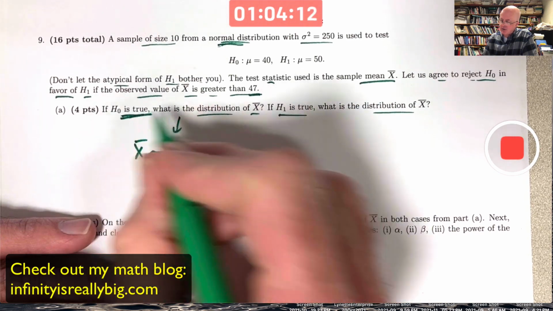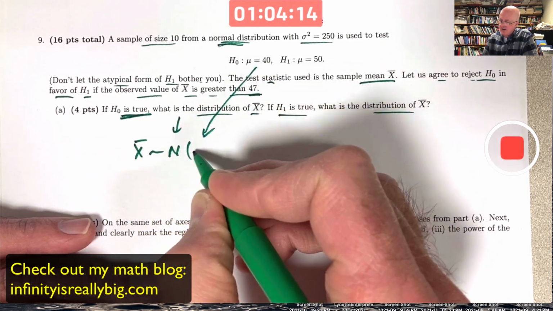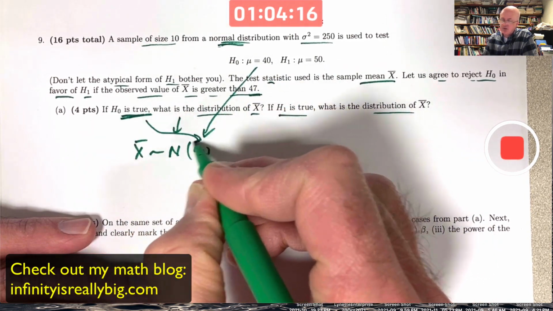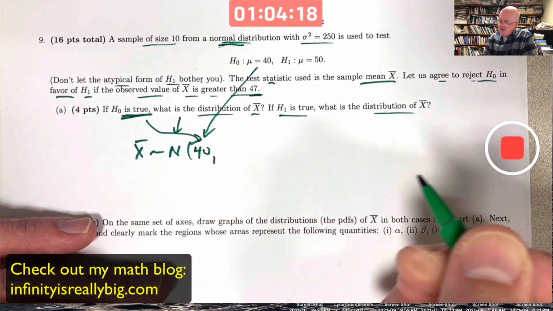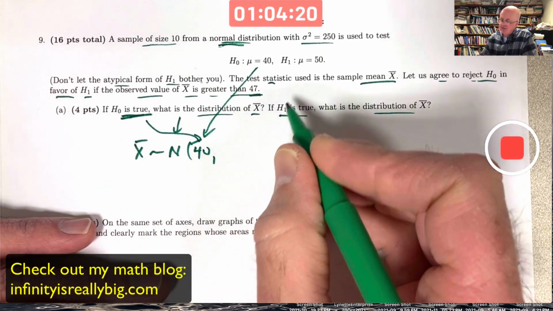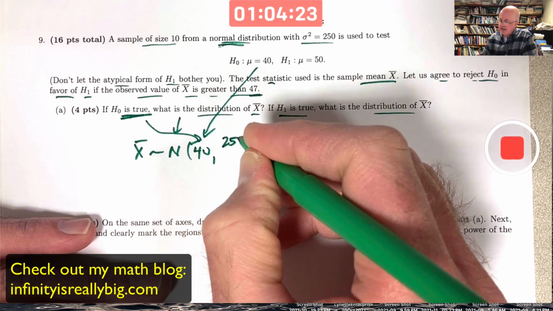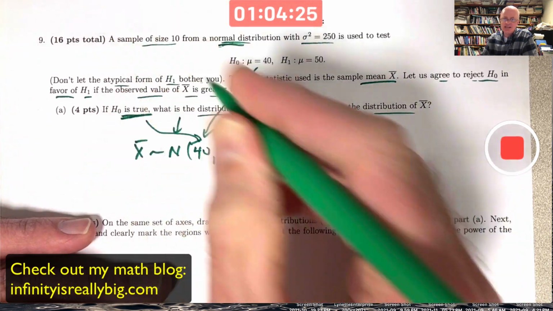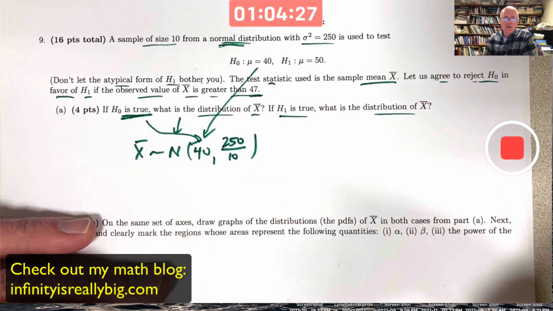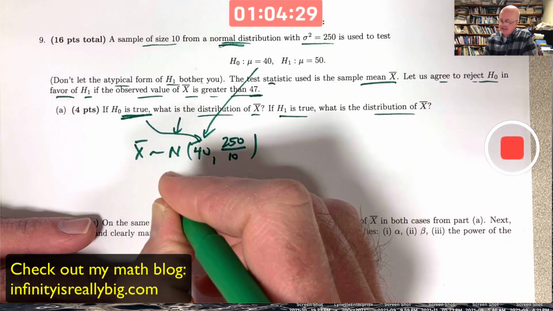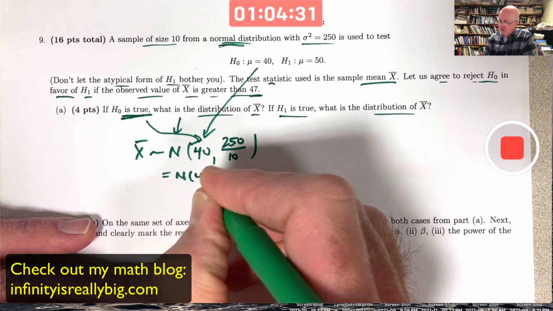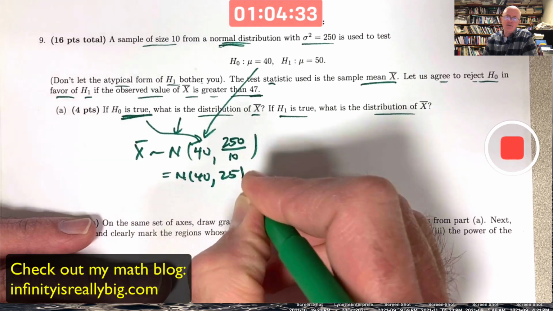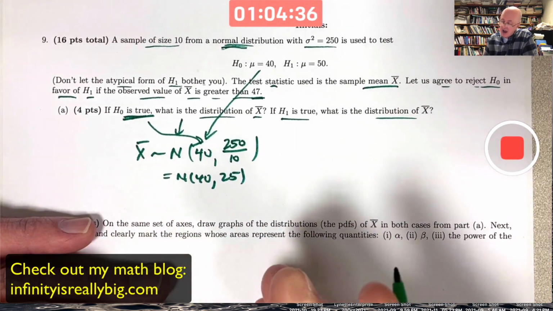And if H0 is true, that mean is 40. The variance is the population variance, sigma squared, 250, divided by the sample size 10. So this is normal with mean 40 and variance 25, which means the standard deviation is 5.